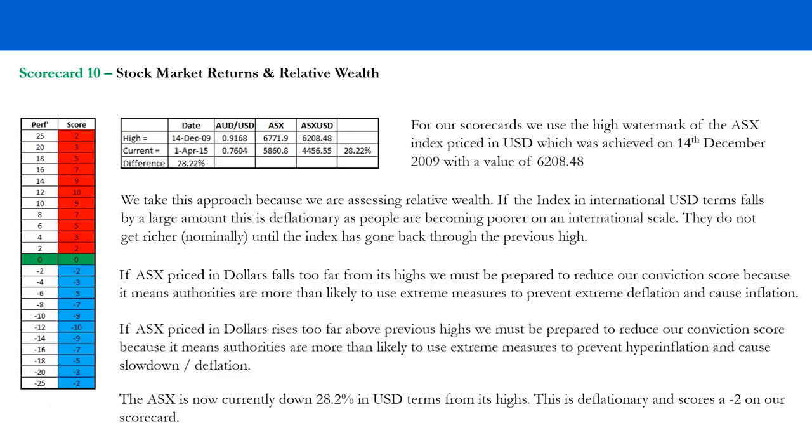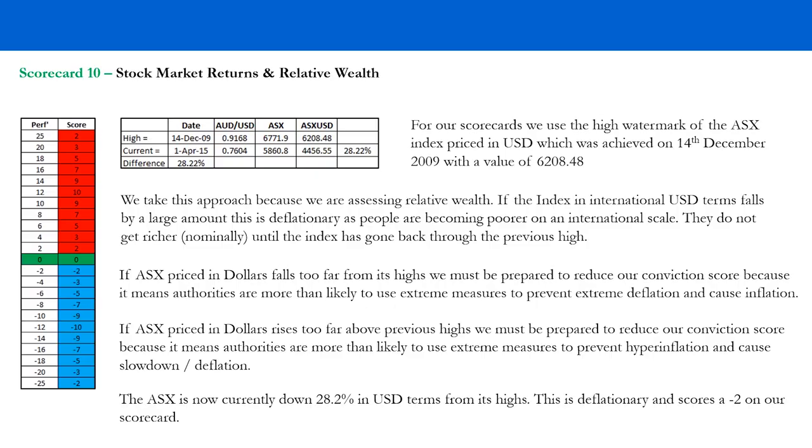6,208.48. So if you go through the data, you can actually go and find the day that the ASX priced in US dollars actually topped out. And then you can work out where it is now and how much it's fallen. And we take this approach because what we're doing is assessing relative wealth.